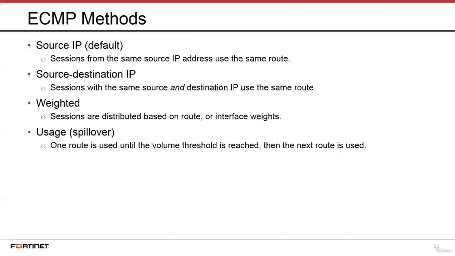In usage-based load balancing, FortiGate uses a primary route until the traffic volume threshold is reached. After that, it uses the next available route. If one of the ECMP routes fails and is removed from the routing table, the traffic will be routed over the remaining routes. There is no specific configuration necessary for route failover.